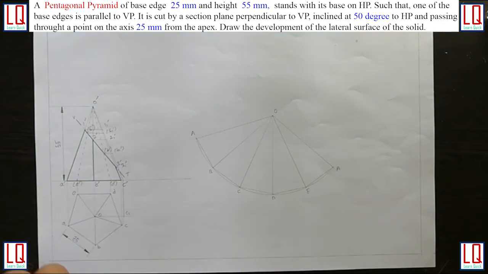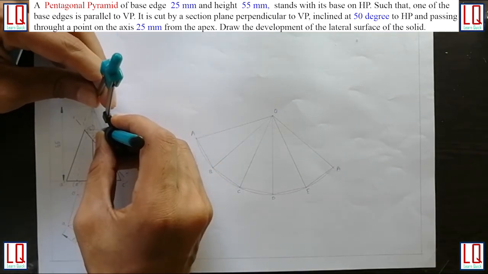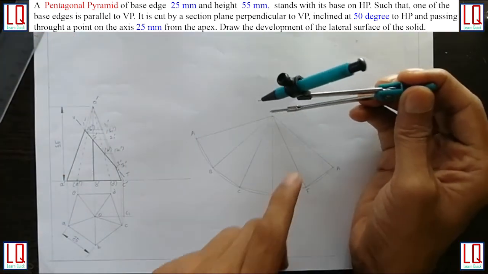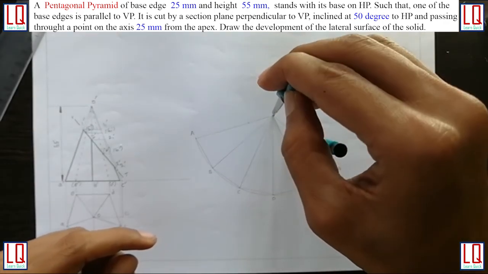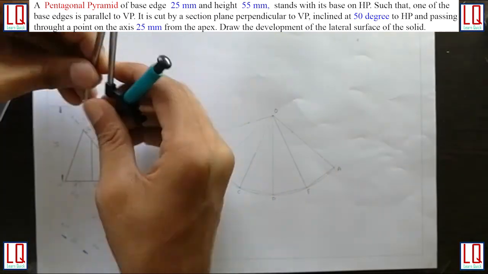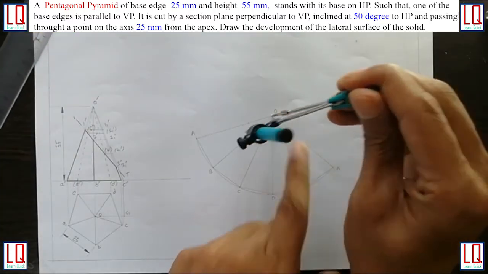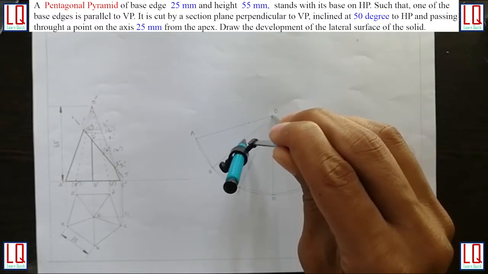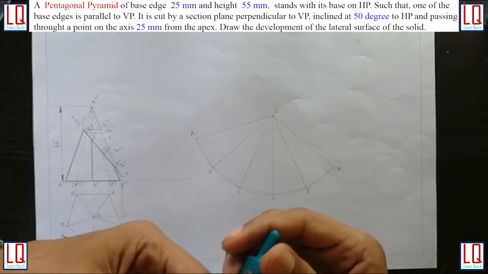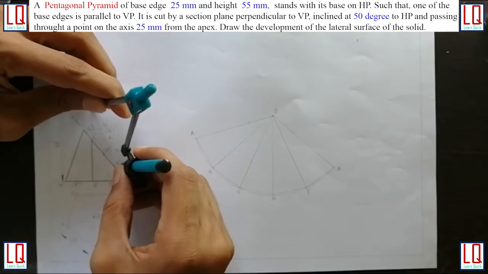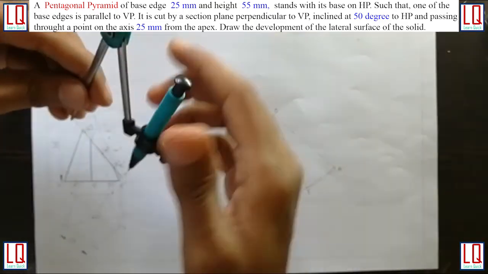Now with the help of your compass, measure O dash to 1 1 dash. 1 dash belongs to slant edge OA, so you mark 1 on slant edge OA. Next we measure 2 dash, which belongs to slant edge OB. We'll mark 2 here. Next, 3 dash belongs to edge OC, we'll mark it here.